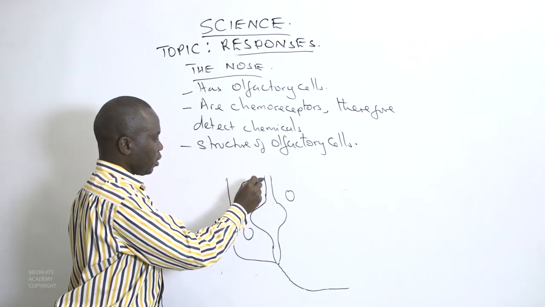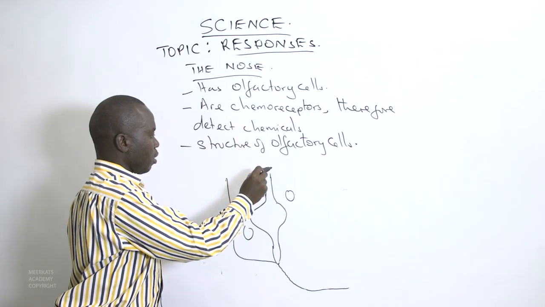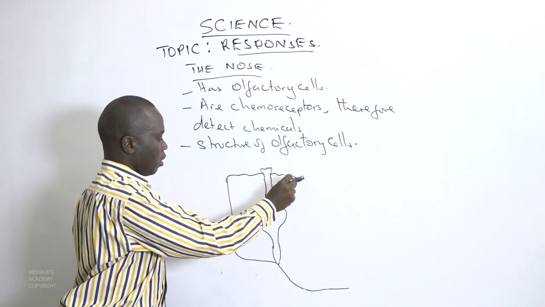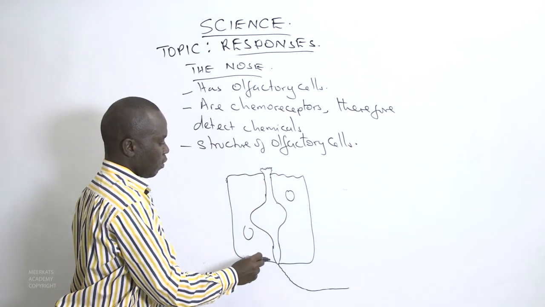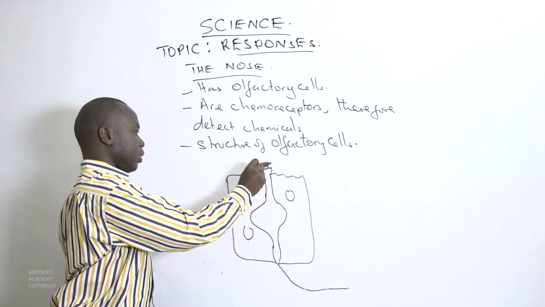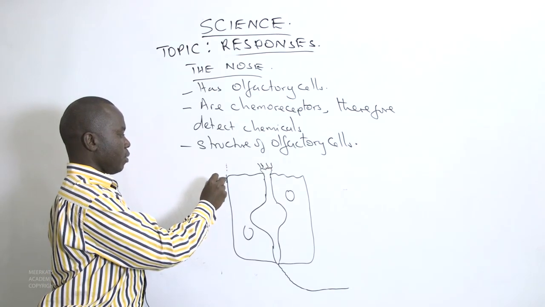These sensory cells stick out of the epithelial layer of the nasal cavity, and they have some hairs.